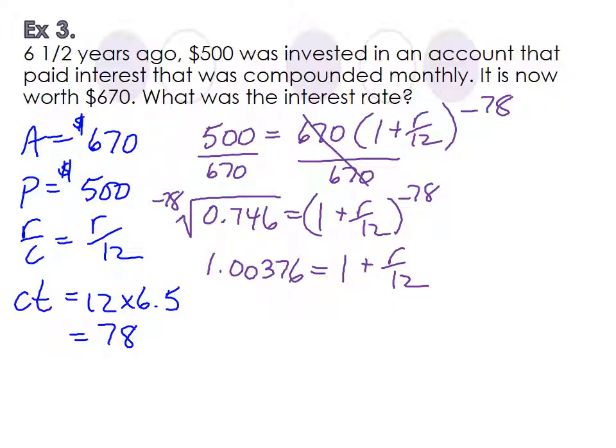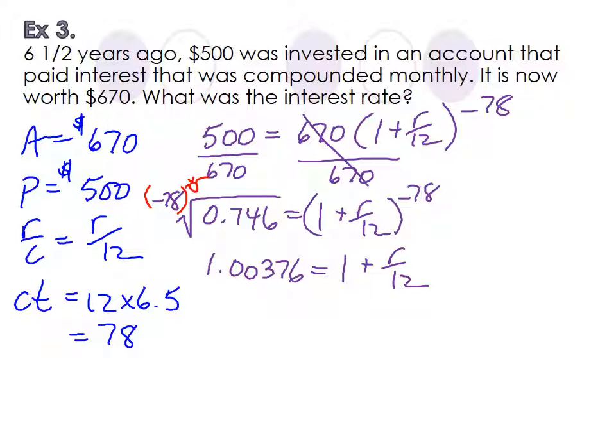Now we're going to stop for a second. If you did not get that, probably I know why. When you enter this into your calculator, the negative 78th root, you need to put this negative 78 in brackets, and then use the little x root button of 0.746.